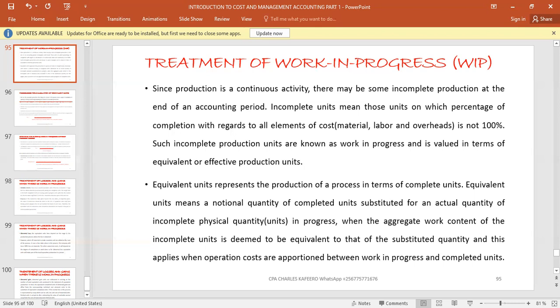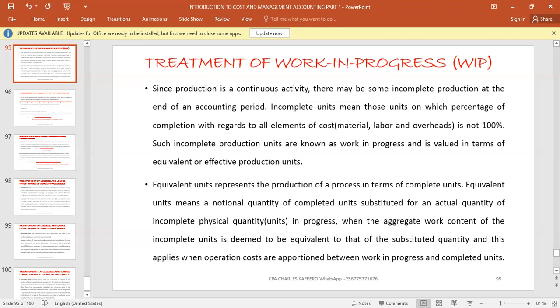And we are saying incomplete units mean those units on which there is a percentage of completion with regards to all elements of cost. Now, in these elements of cost, we are meaning material, labor, and overheads. Those are the main ones we are looking at, and we see at which level of completion they are in regards to the work in progress.